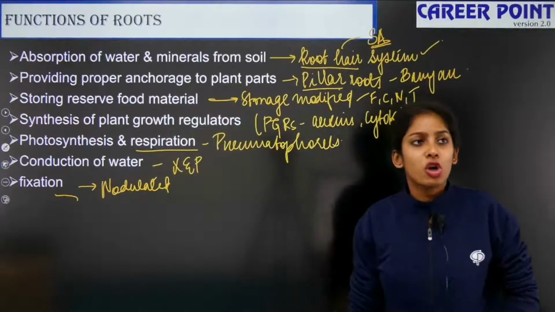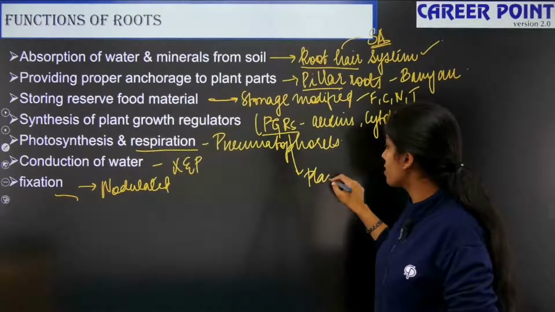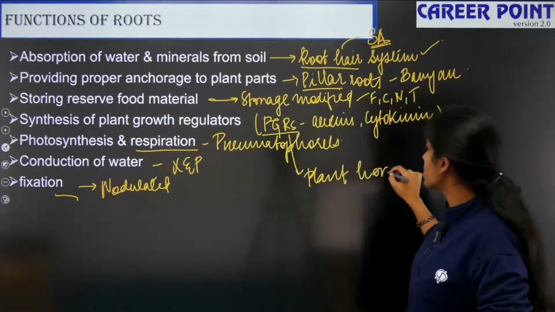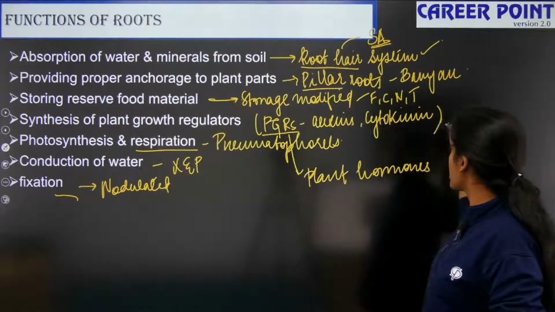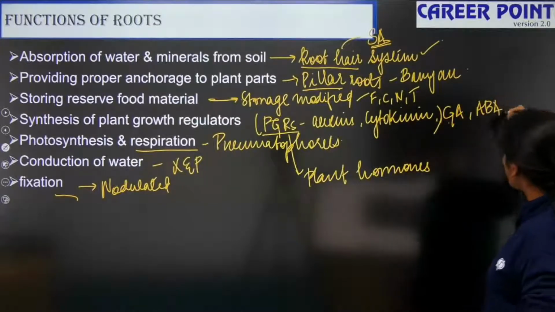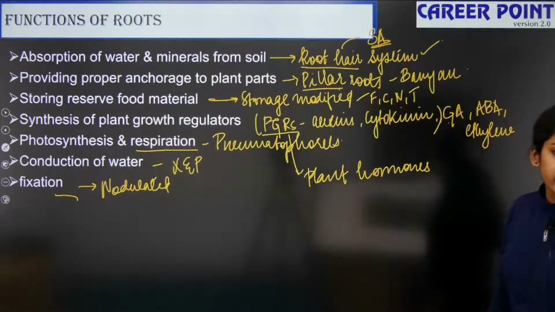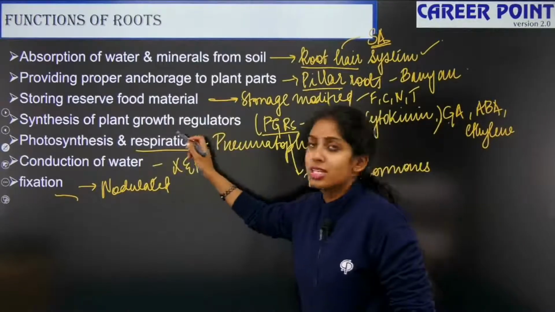Then synthesis of plant growth regulators. Plant growth regulators are also known as plant hormones, namely auxins and cytokinins. You also have gibberellic acid, abscisic acid, and ethylene. They are your plant hormones, also secreted by your roots. Then photosynthesis and respiration.